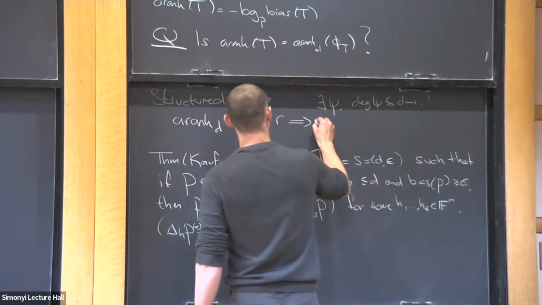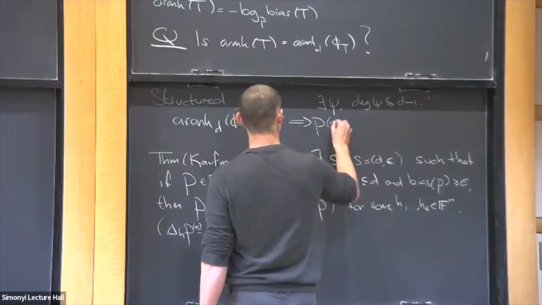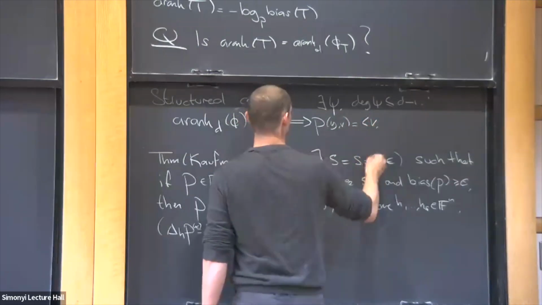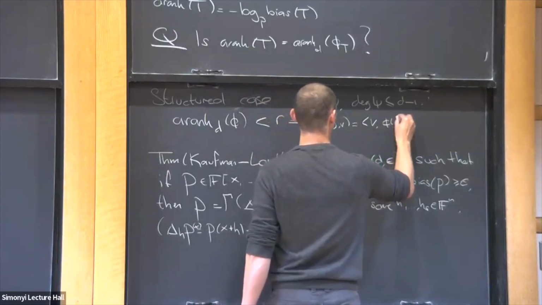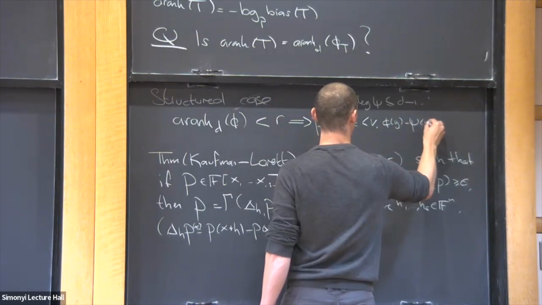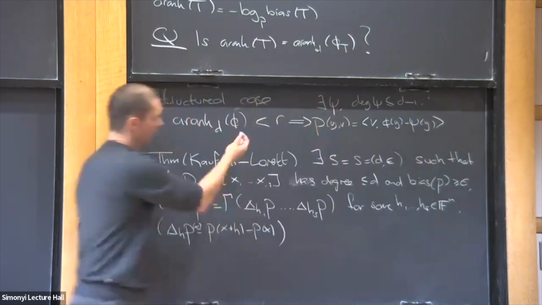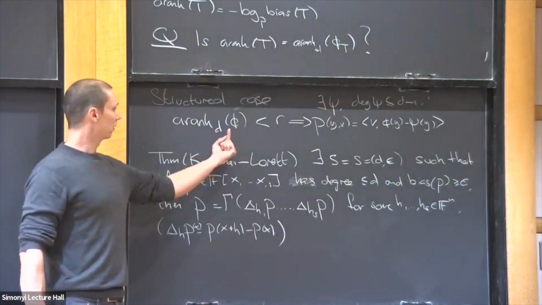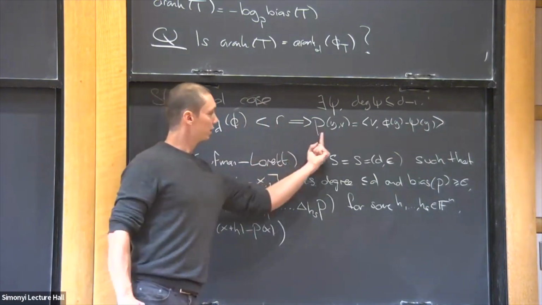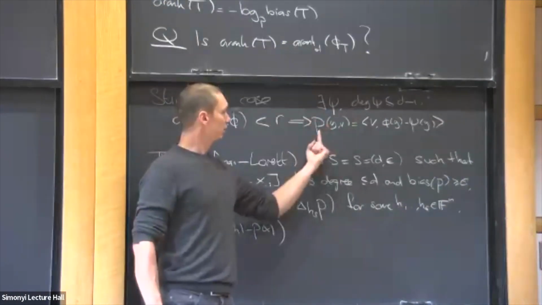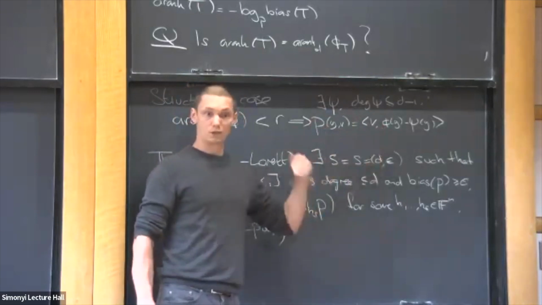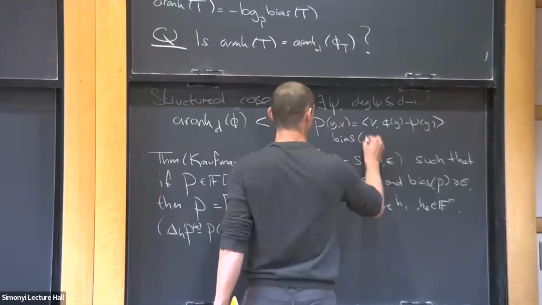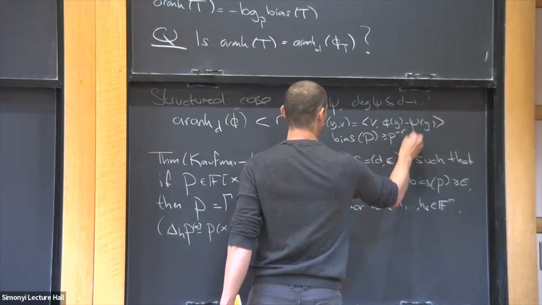If you define the polynomial on n plus k variables, P(y, v) is the inner product between v and the difference between psi of y and phi of y, then this P is biased. Okay? So the assumption that the analytic rank of phi is small implies that there is some psi of lower degree, so that this polynomial is biased. Its bias is at least e to the minus r.